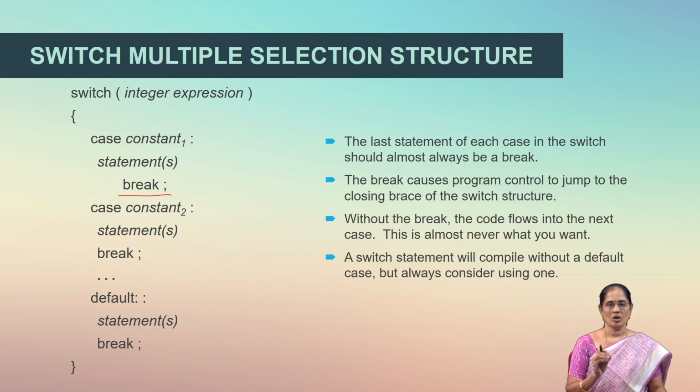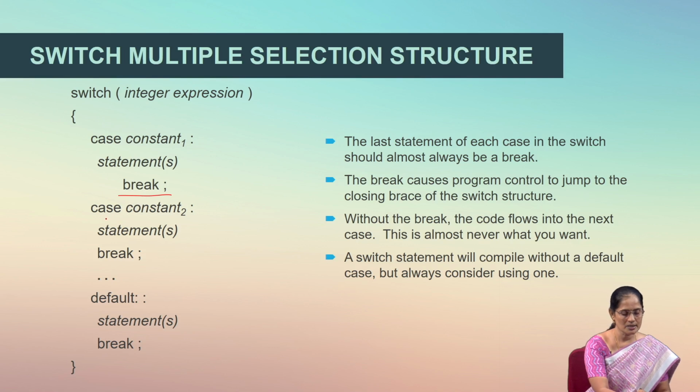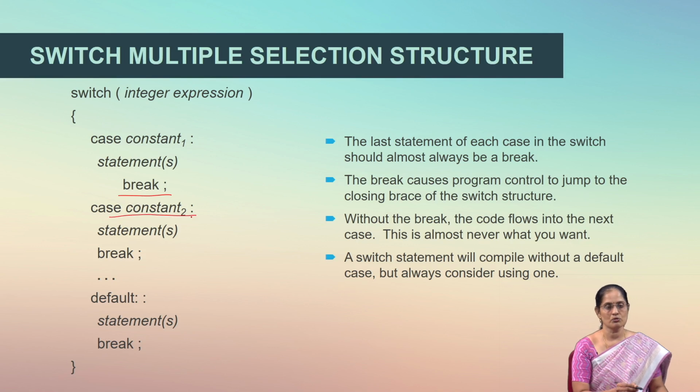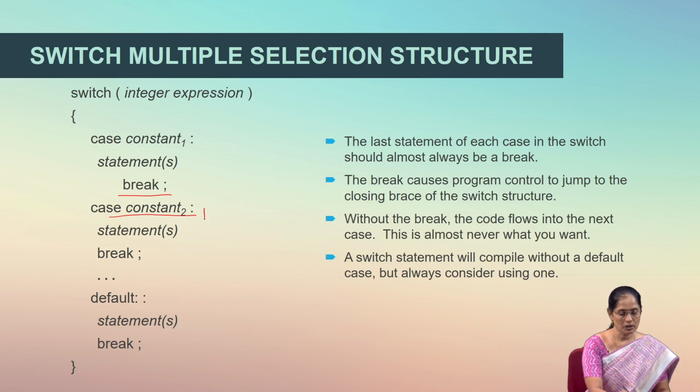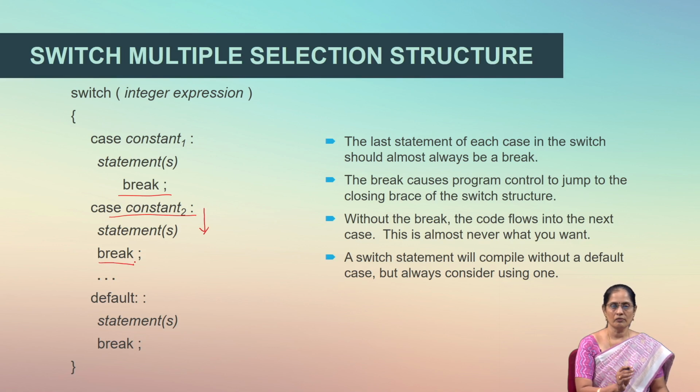The break causes the program control to jump to the closing brace of the switch on executing that particular set of statements for the case which matches. Say, for example, if the case with constant value 2 gets matched, then it will start executing these statements, and unless we give the break statement, the program execution will not be stopped.